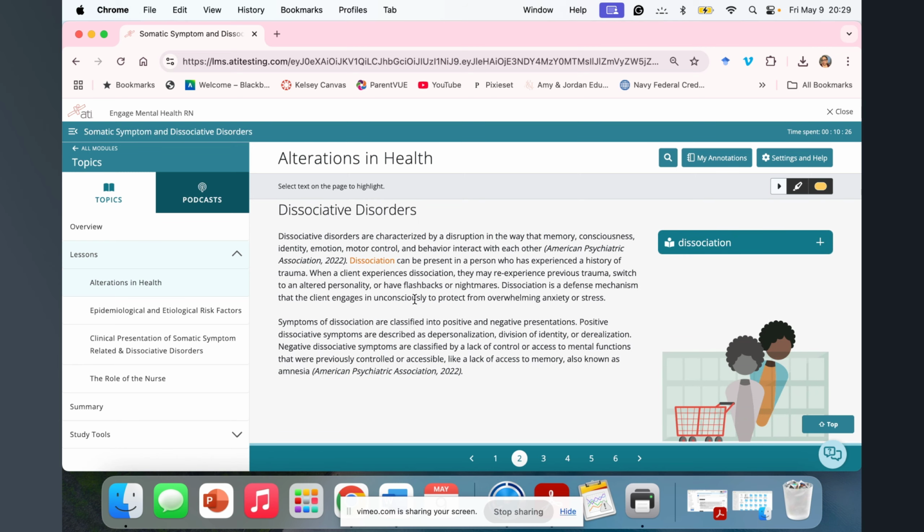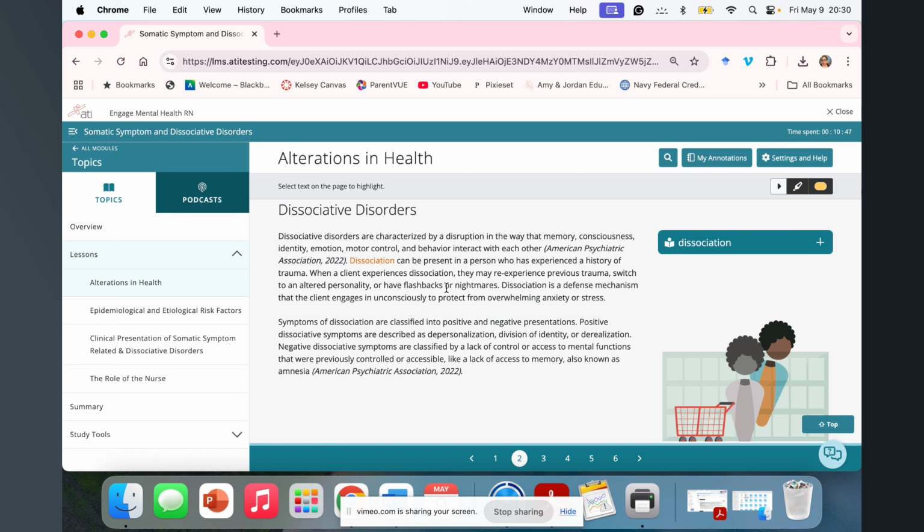When we talk about dissociative disorder, it is characterized by disruption in the way that memory, consciousness, identity, emotion, motor control, and behavior interact with each other. Okay? And so dissociations can be present in a person who has experienced a history of trauma.